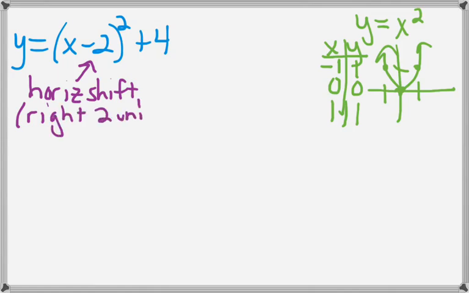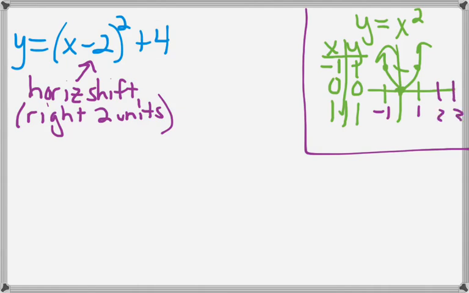So the horizontal direction almost seems backwards to most of us. X minus a number shifts to the right, x plus a number shifts to the left. So this is why I think it's helpful to have a visual of what the original graph looks like, because now you can think about visually shifting each of those points to the right.